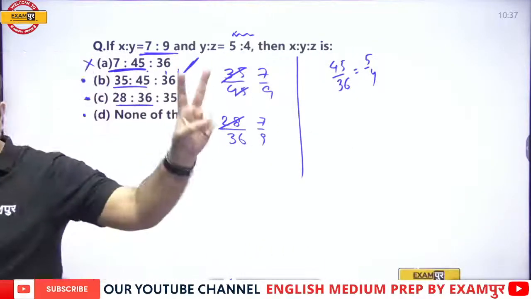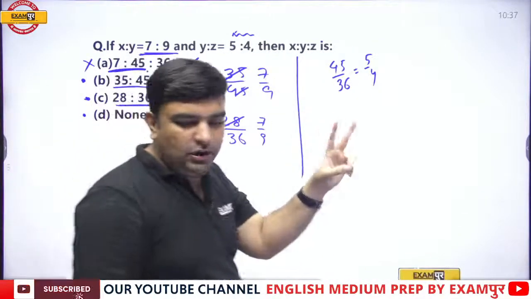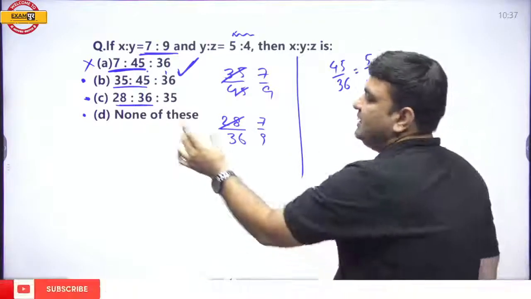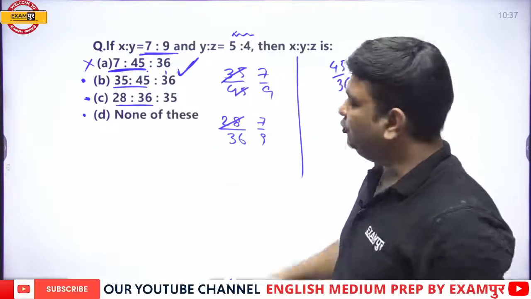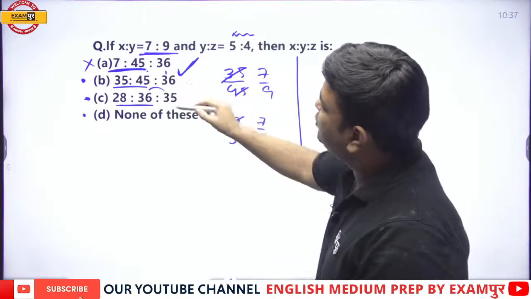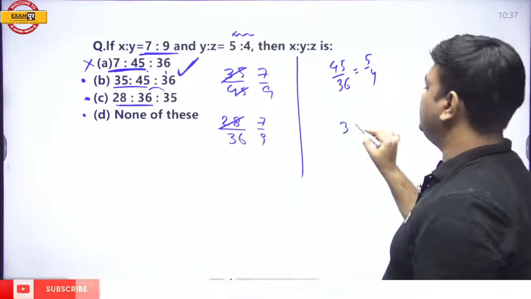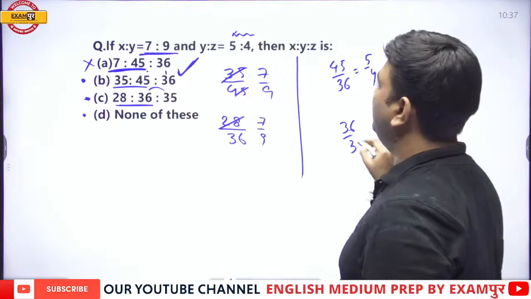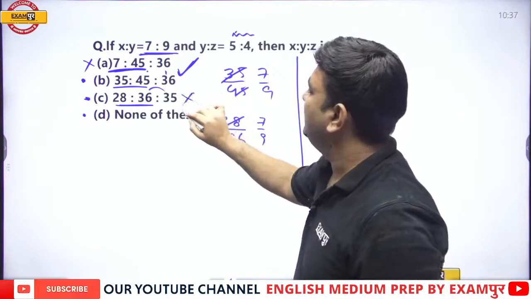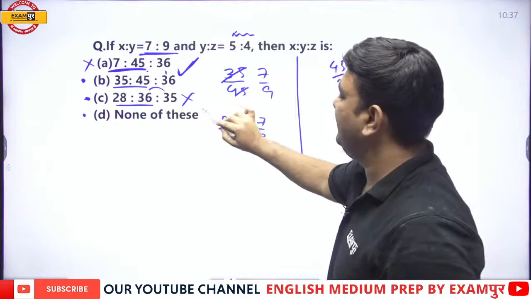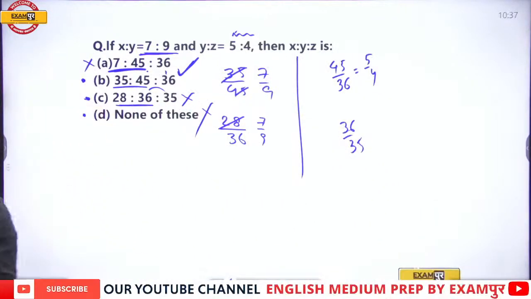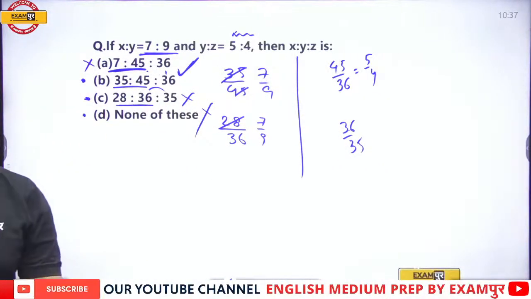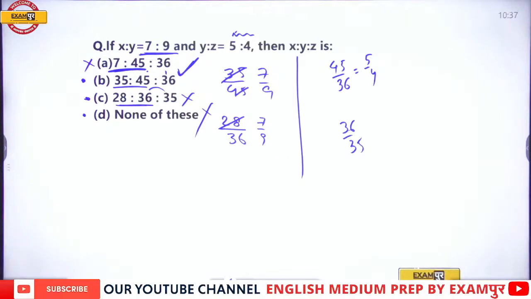If there are only two conditions and both are satisfied over here, then you need to check the other two. 36/35 is this only. It is not 4/5, gone. And if both the conditions are satisfied, then none of these is also gone. Is it clear? Come on, tell me.